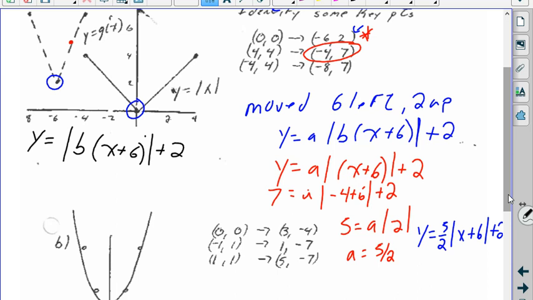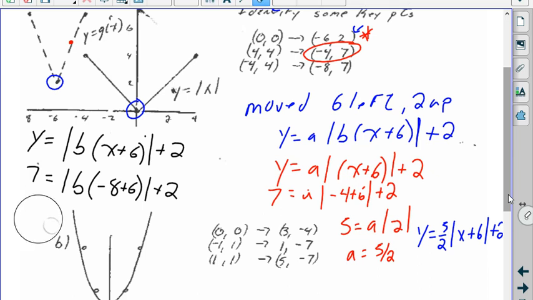I could have picked this point here. 7 is equal to b times the absolute value of negative 8 plus 6. I'm sorry for running out of room. We're going to get the same number for b.